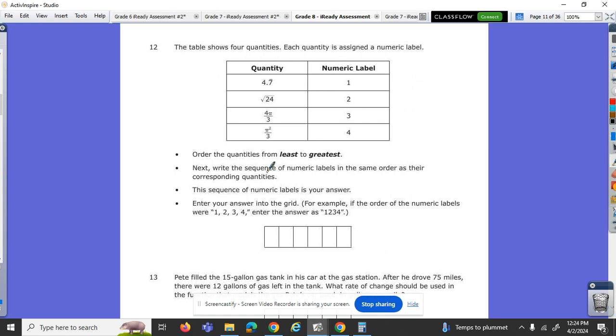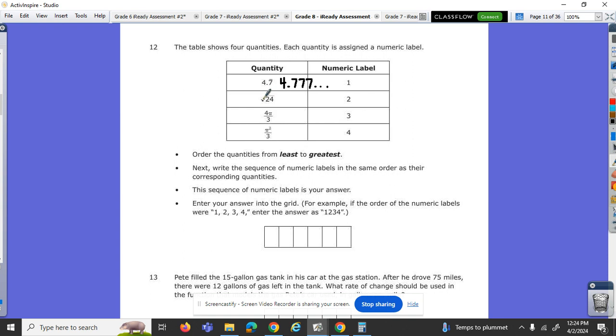All right, this is a little bit interesting, but let's take a look and see what they're trying to assess that you know. We know that this is the same as 4.777, right? Dot, dot, dot. So that one is pretty easy. I remember in 8th grade, you're supposed to be able to estimate square roots.